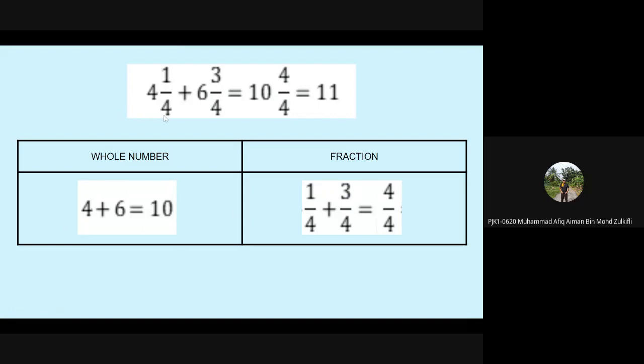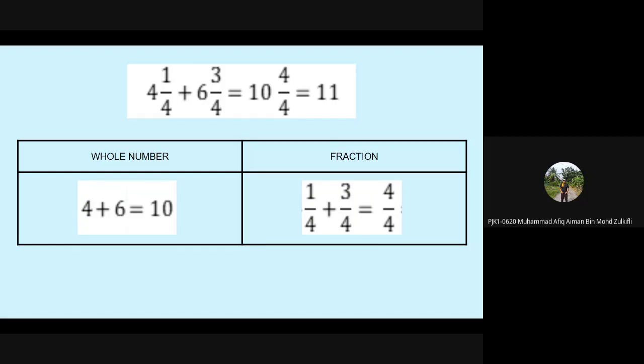So in this question, the whole numbers are 4 and 6. So 4 plus 6 is 10. And then for the fraction part, 1/4 plus 3/4 equals 4/4. So in here, in the fraction part, we can use the standard algorithm and the alternative algorithm in the proper fraction, like Izzati presented just now.